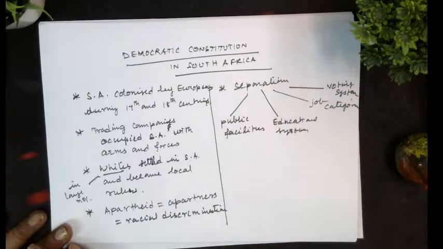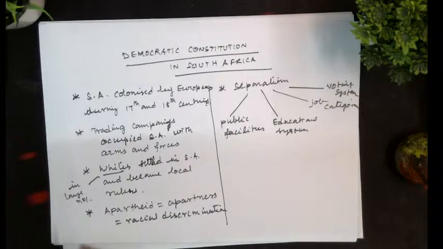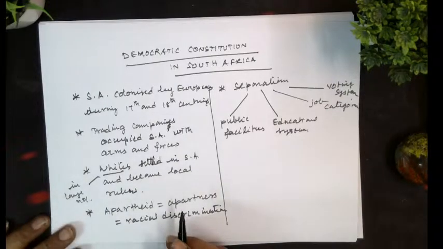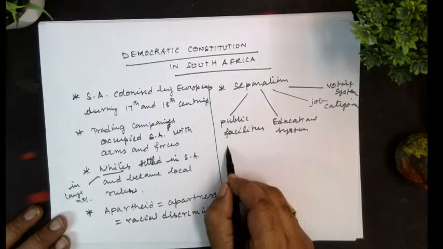Actually, they restricted the powers of non-white unions. They denied the voting rights of non-whites, and thereby they made sure there was no non-white participation in the government.